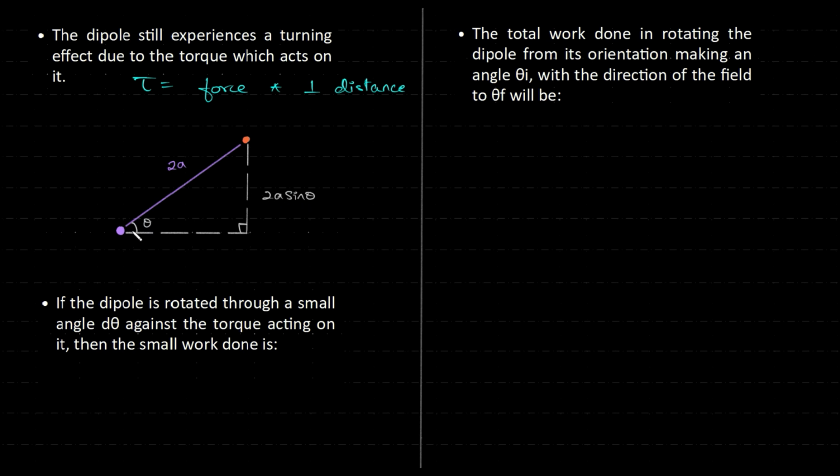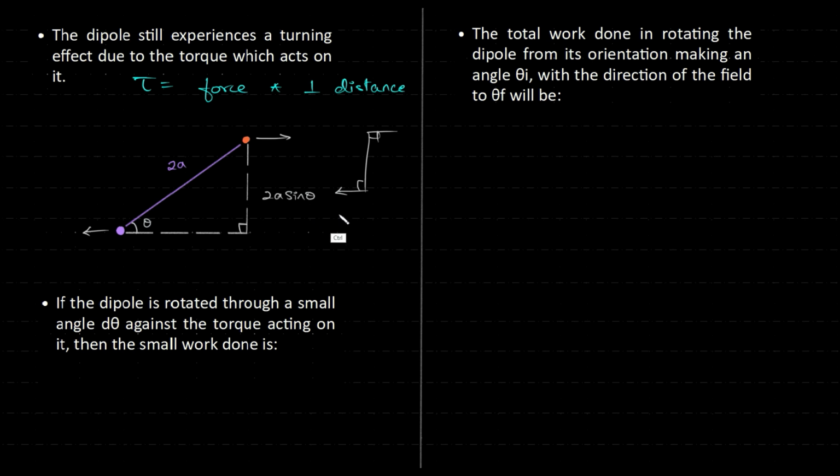So why am I taking this, not this? Because your direction of force is to the left and right, and the perpendicular distance between the couple is 2a sin theta, not 2a cos theta. Again, you have the force in this way. This is your perpendicular distance, is it not? Think of it. Take a second.